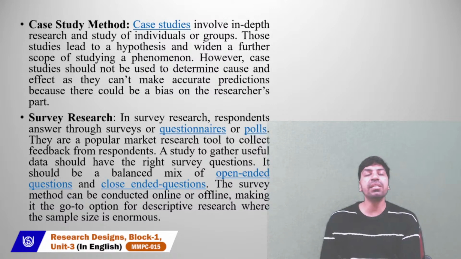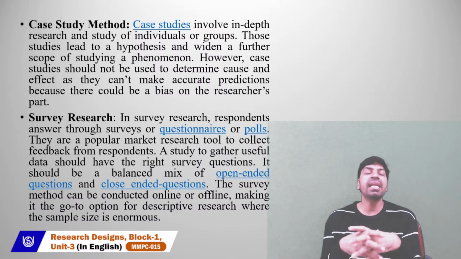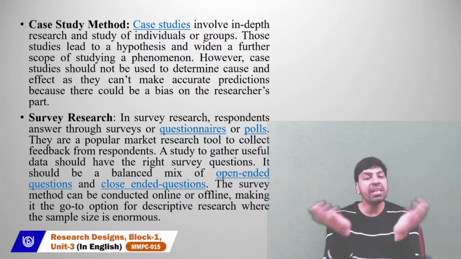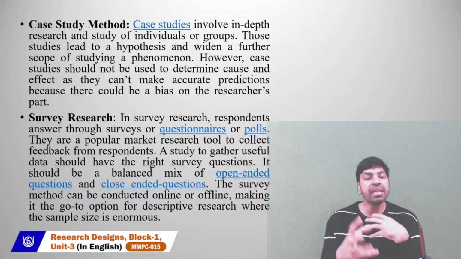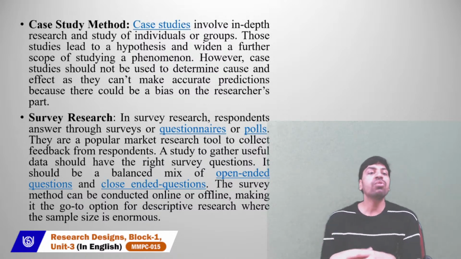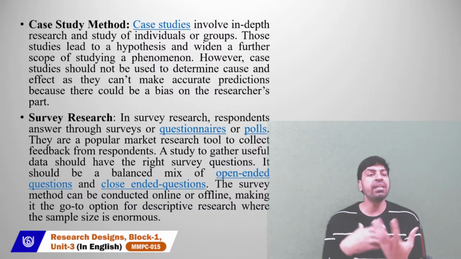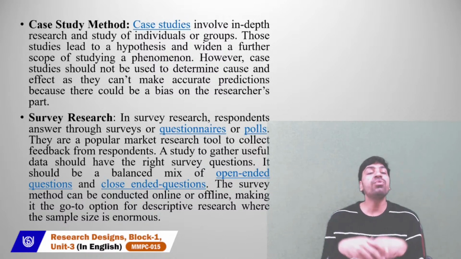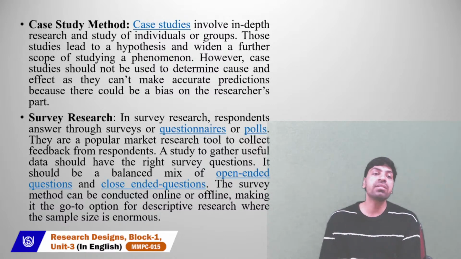So a case study should not be used to determine cause and effect relationships, nor can it make accurate predictions. It totally depends upon cases of real-life scenarios. A disadvantage is the errors and bias or lack of neutrality, which always occur on the researcher's part.